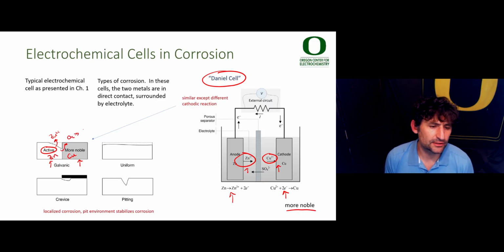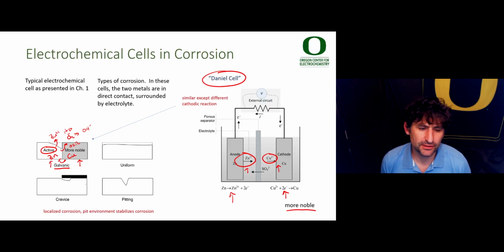So oxygen going to OH-, right? Oxygen and water going to OH-, ORR. In fact, zinc is active enough that it can even reduce water to hydrogen. This is referred to as galvanic corrosion because of the difference in potentials between the two metals in contact.